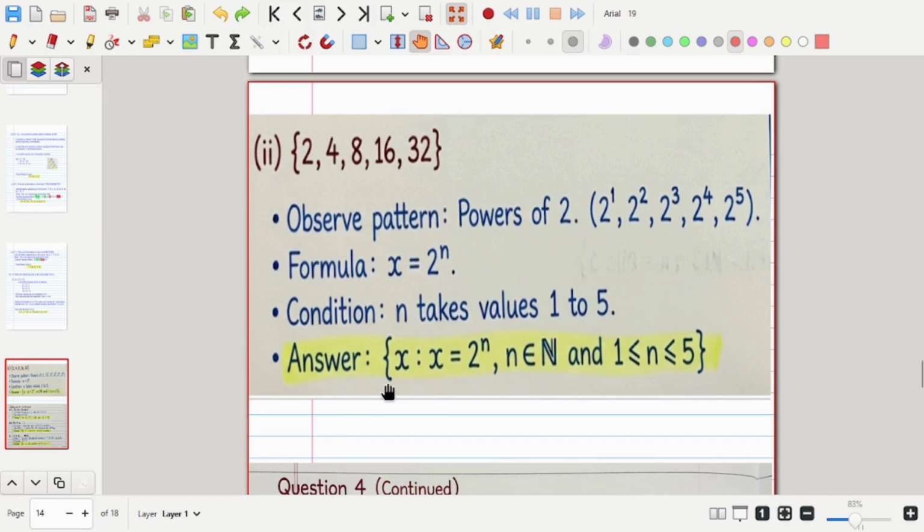Therefore our answer is the set of all x such that x is equal to 2 raised to n, where n is a natural number and n is greater than or equal to 1 and less than or equal to 5.